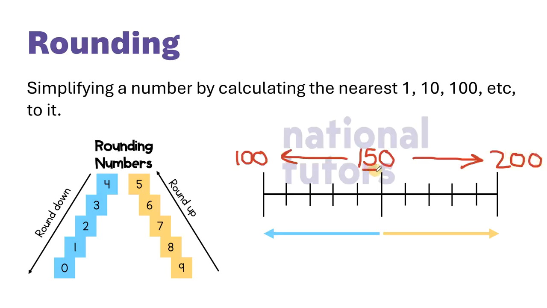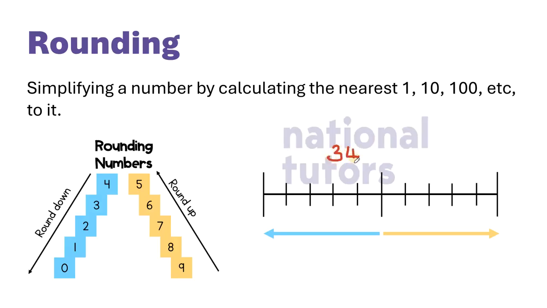And because my second figure, my decider, is a 5, it would round up to 200. If I had the number 340, my second digit is 4, that's my decider, it's lower than 5, so I would round down to 300.